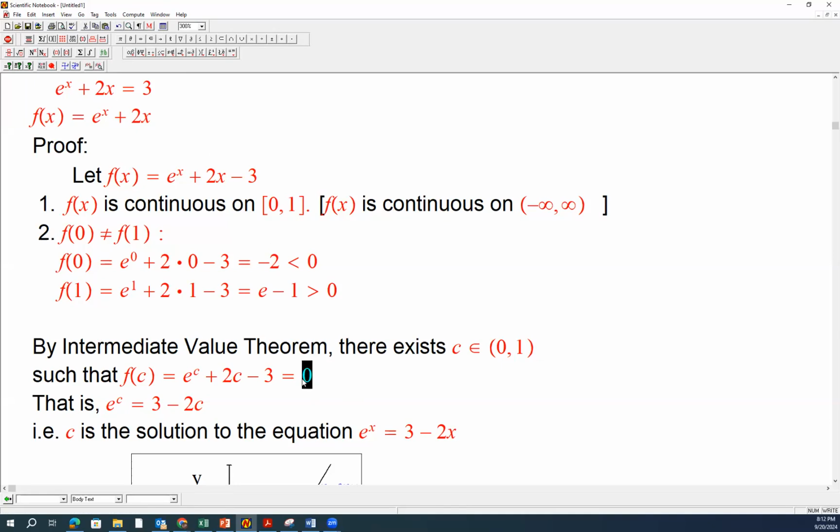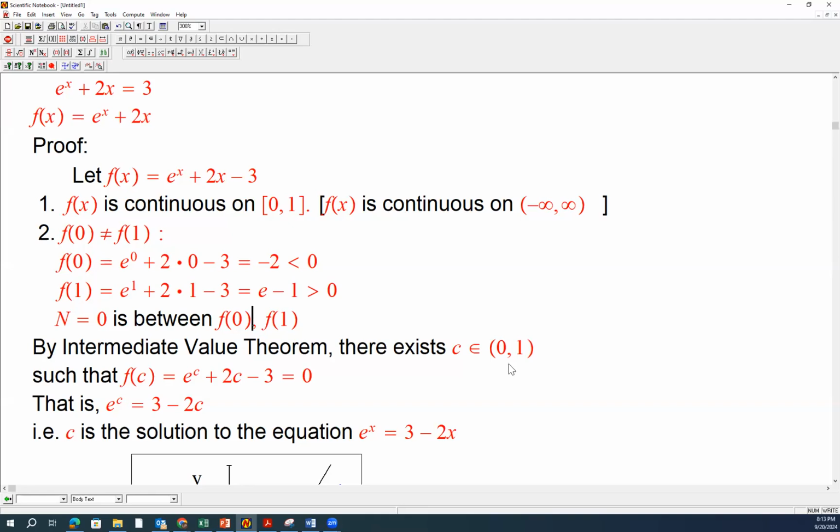This is my capital N. Capital N is 0, and capital N is between f of 0 and f of 1. You can say that if you insist on quoting the intermediate value theorem.